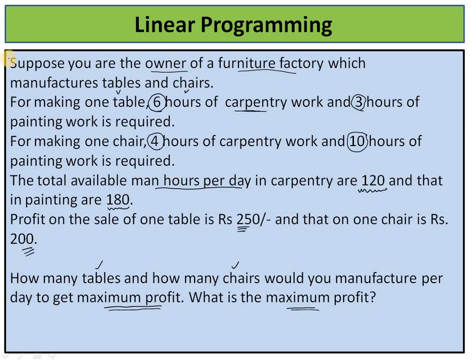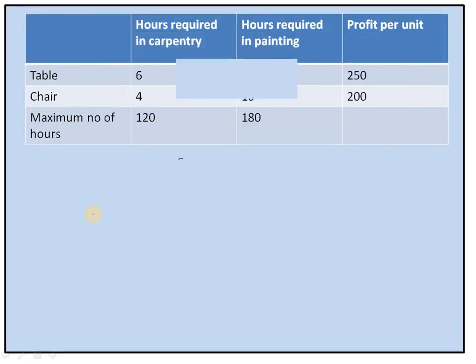This problem is given in descriptive form in paragraphs. So we have to formulate it in a table so that it is easy for understanding. So this is our table. Table, this is a wooden table: 6 hours are required in carpentry, 3 hours in painting, and profit is 250.